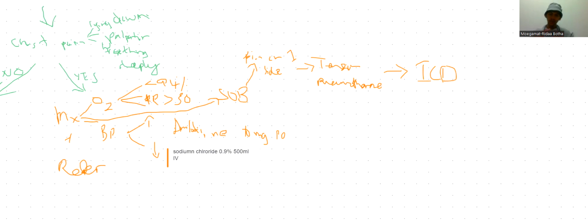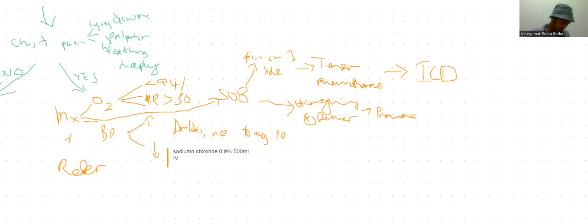Then again with the shortness of breath, if this shortness of breath is associated with coughing as well as a fever, you must think of pneumonia.